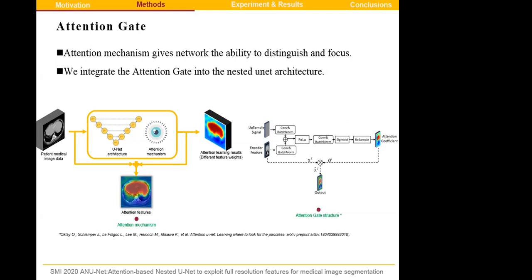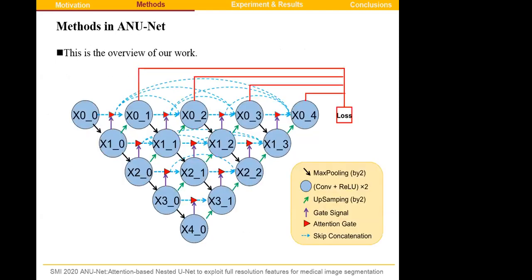Okay, let's go back to the architecture. As you can see, this architecture is an end-to-end architecture. So we input the image. The resolution of the input image is equal to the output resolution, and there is no change. And in the nested architecture, there are 5 layers.